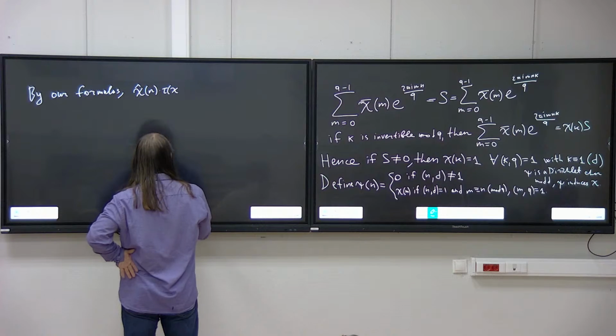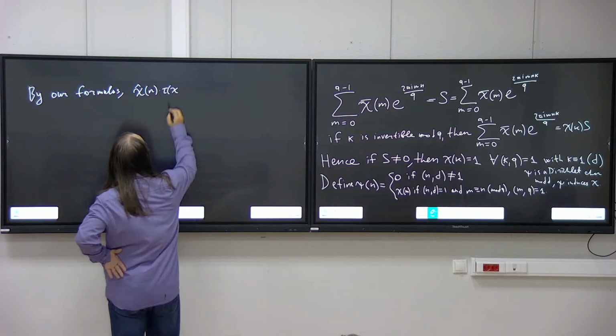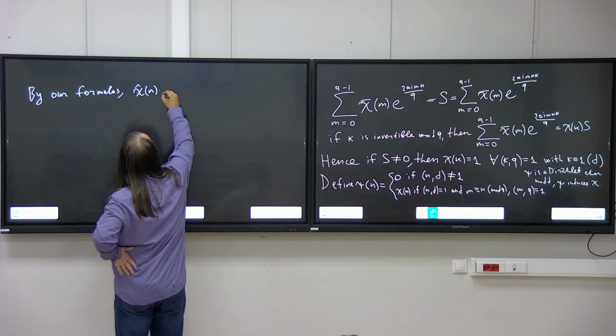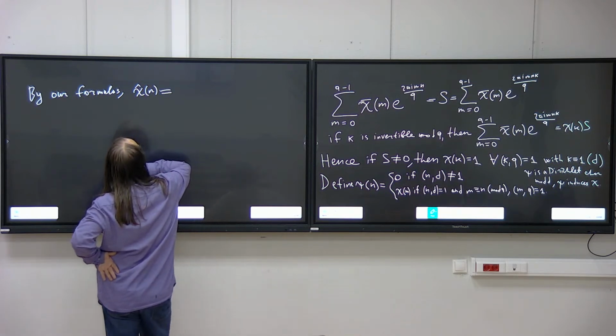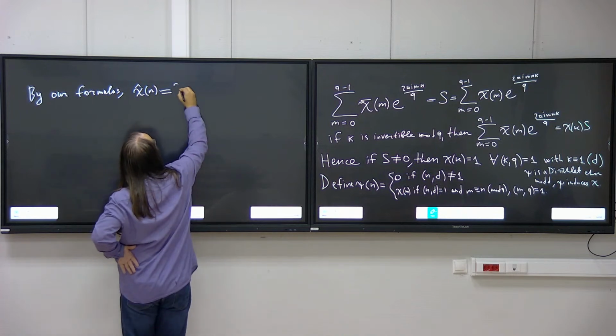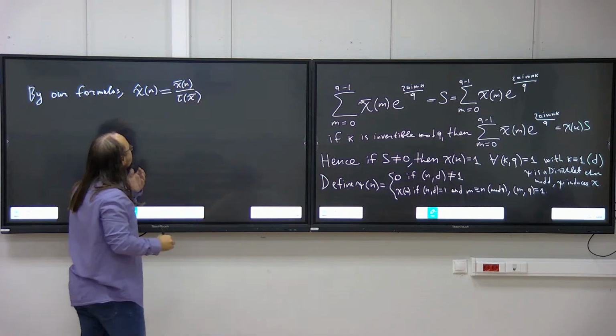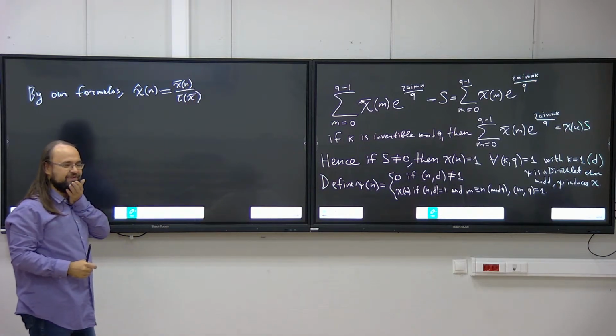We proved that basically this Fourier transform is equal to chi of n bar divided by tau of chi bar, right?